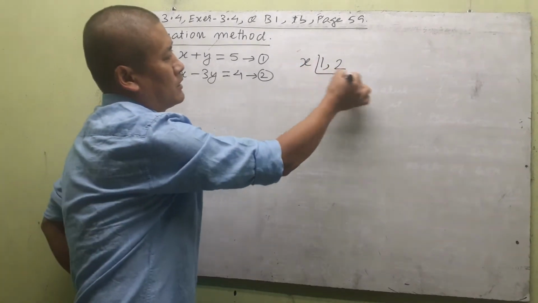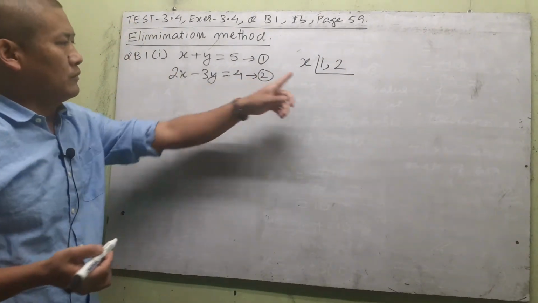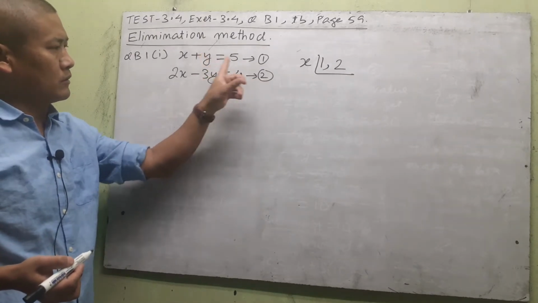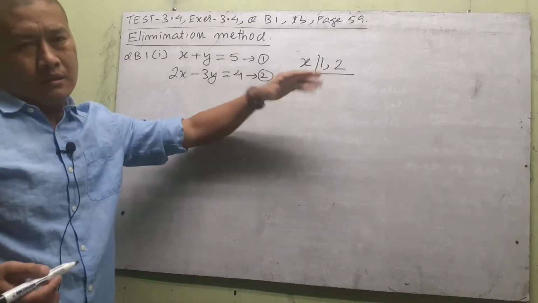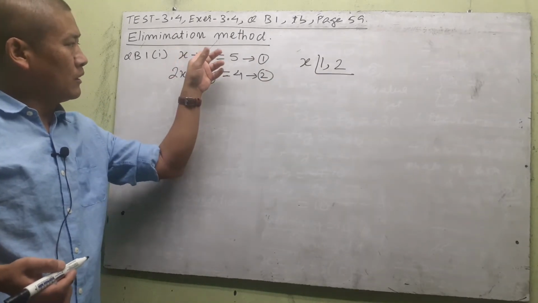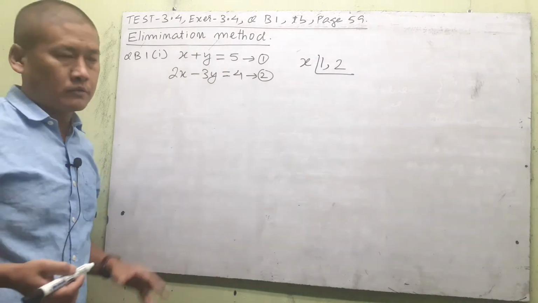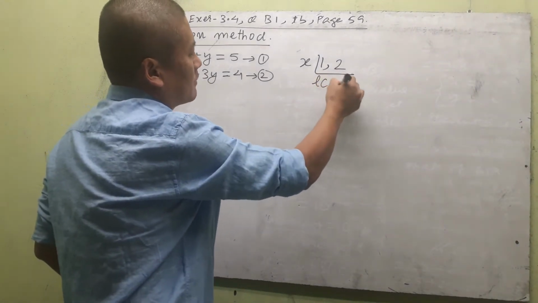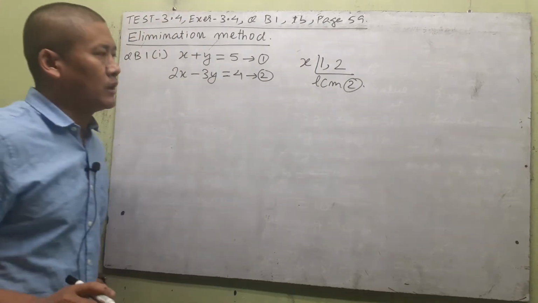Then you find out the LCM of that. We chose x because, even though we could have chosen y, x has simpler, lower numbers: 1 and 2 is lower than 1 and 3. Otherwise, we could also do it for y. The same answer will come out. So the LCM of 1 and 2 is 2, right?